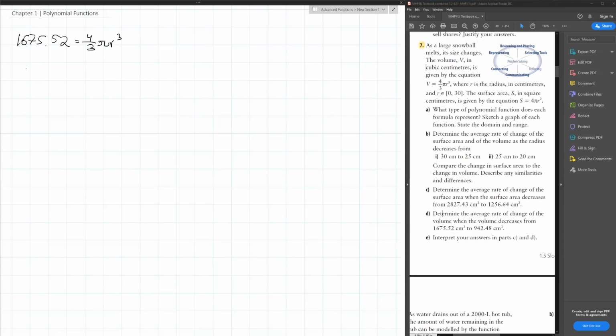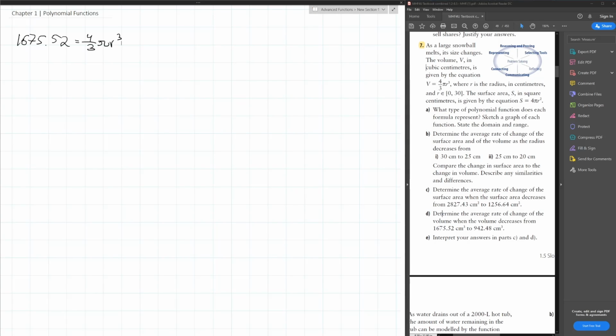1675.52 divided by 4/3, and then divided by pi. It's around 400. That's what I'm getting.